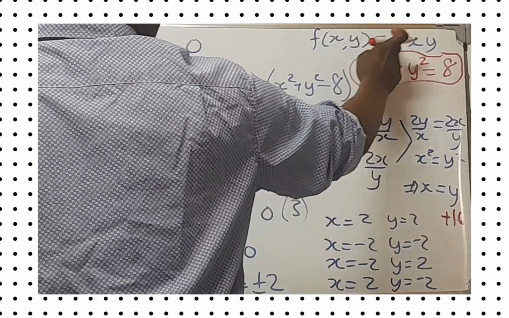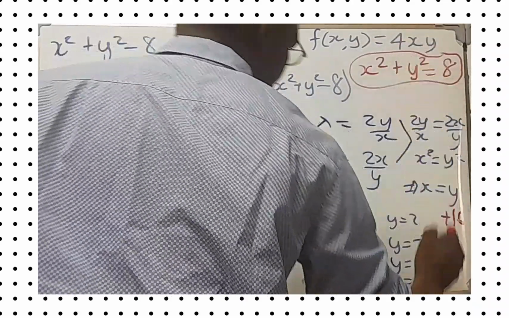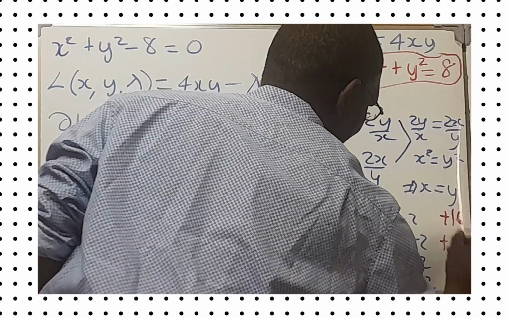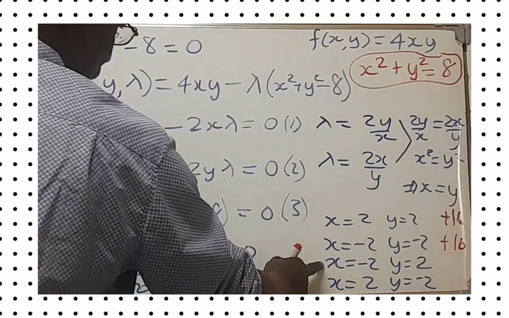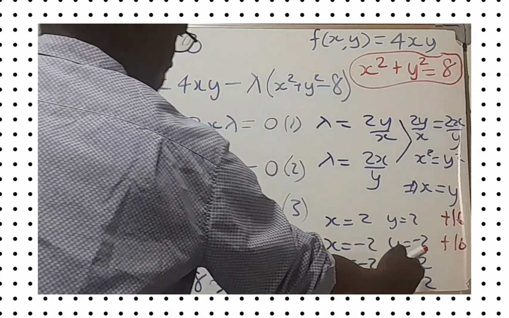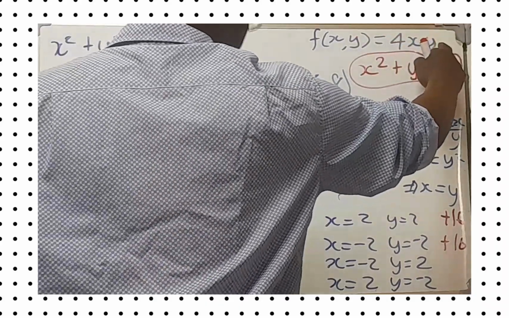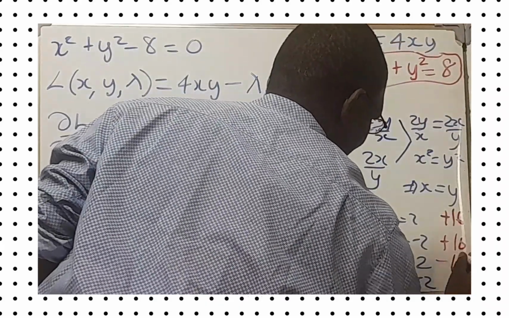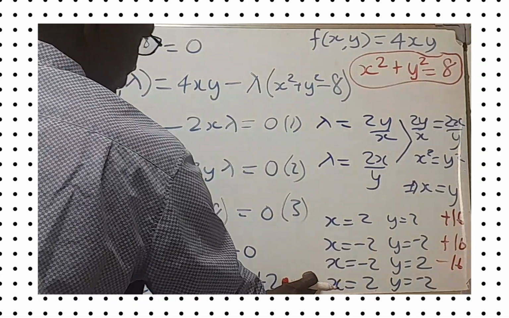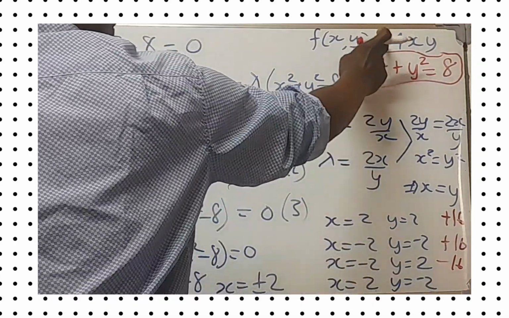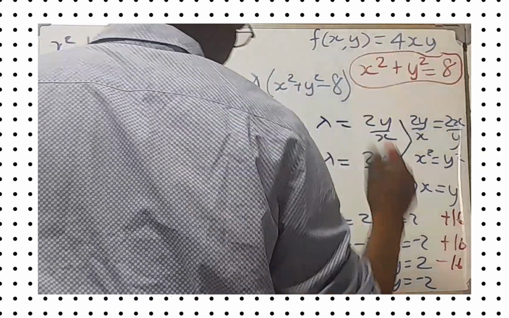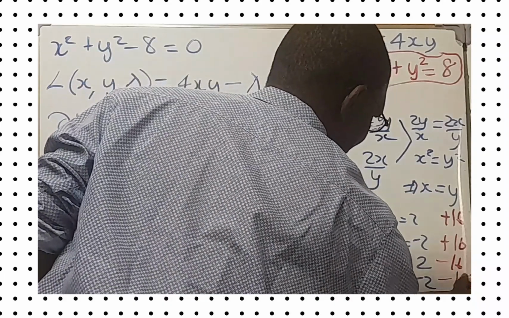That gives us 4 times minus 2 times minus 2, which is again a plus 16. Over here, x is minus, y is positive. That gives us 4 times minus 2, which is minus 8, times plus 2, which is a minus 16. Here, x is 2, y is minus 2. That gives us 4 times 2 times minus 2, which gives us a minus 16 again.